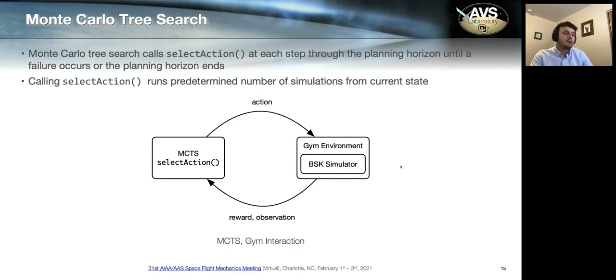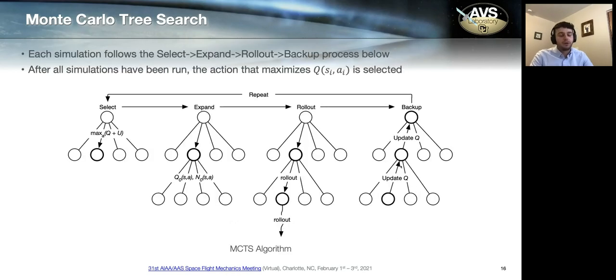So now I'm going to talk a little bit about how Monte Carlo tree search works. At each step through the environment, MCTS uses a function called select action to run a predetermined number of simulations in a simulated environment to determine what the best action is. This select action function follows this basic process, where it's repeated X number of times, known as the number of simulations per step.